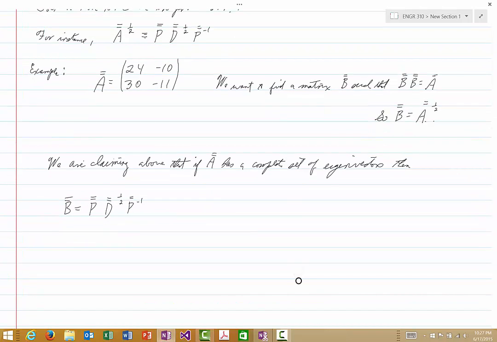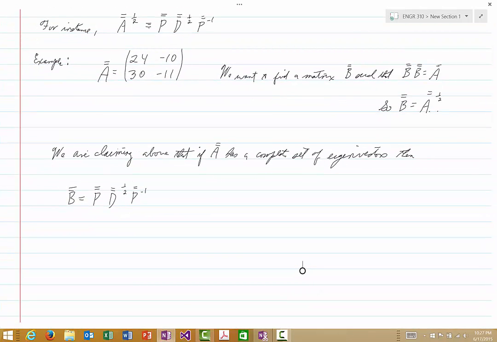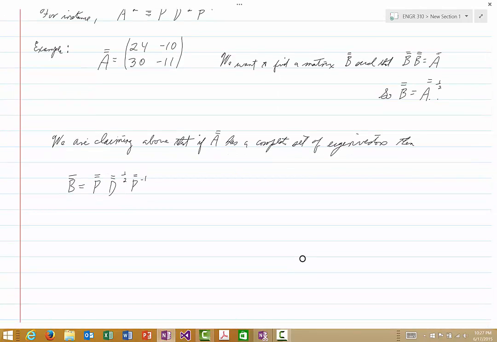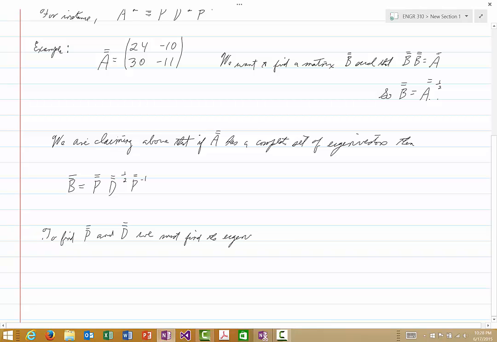So let's take that approach and see what happens. In order to find P and D, we need to find the eigenvalues and eigenvectors of A. So let's go about this in the usual way. To find P and D, we must find the eigenvalues and eigenvectors of A.